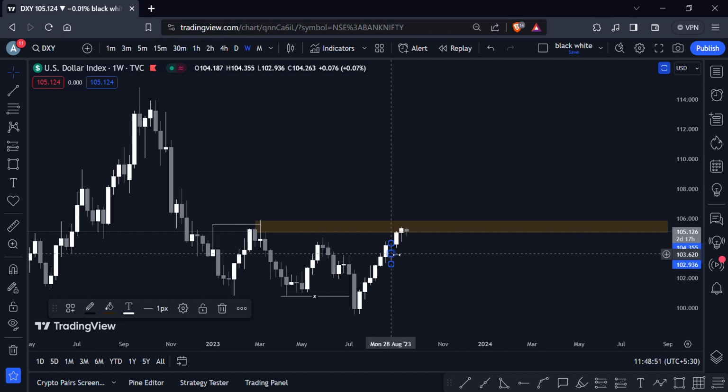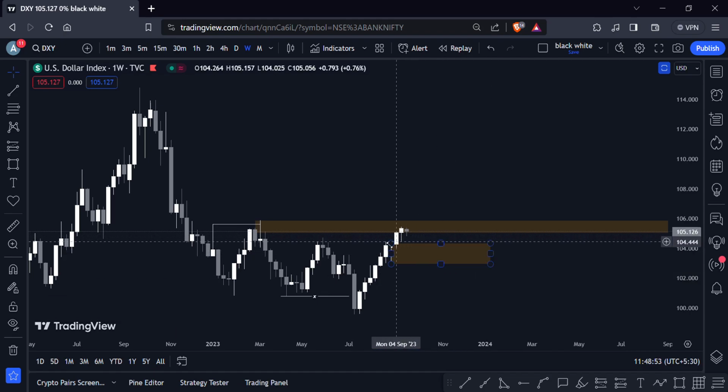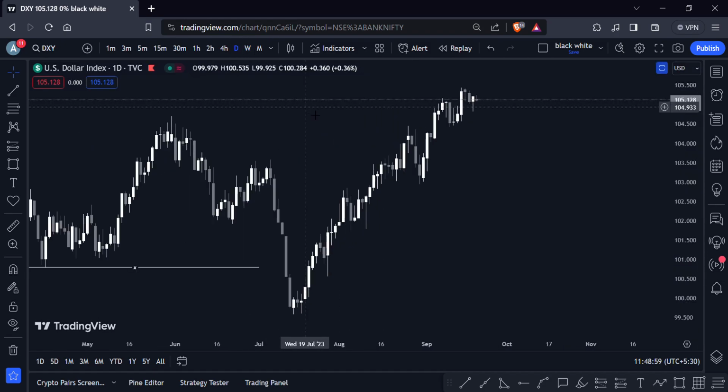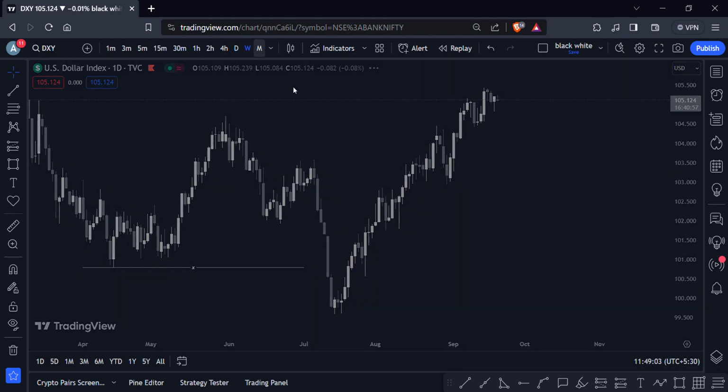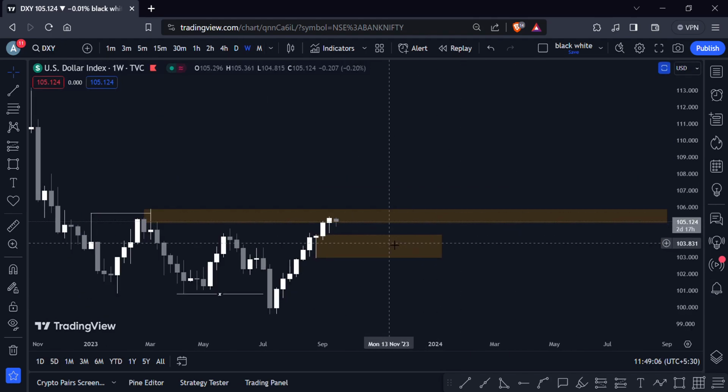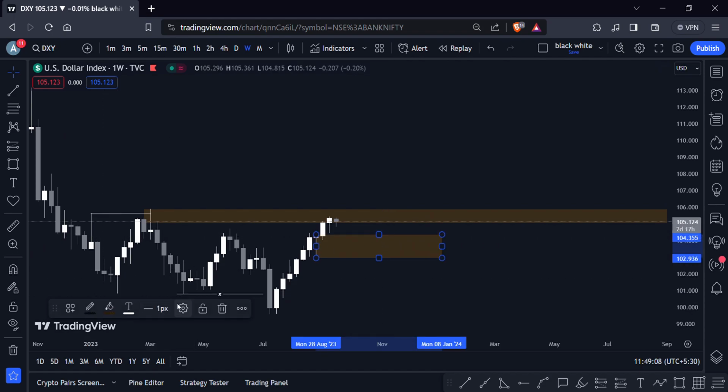We have an FVG left over here, so probably we are going to come down and mitigate it. Let's see what we have now. Okay, so everything disappeared. I need it, at least this one.